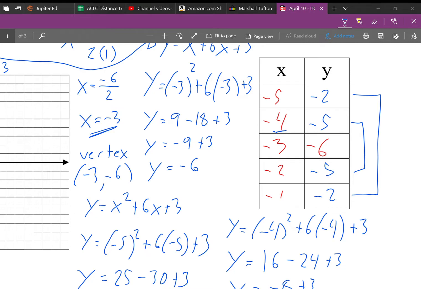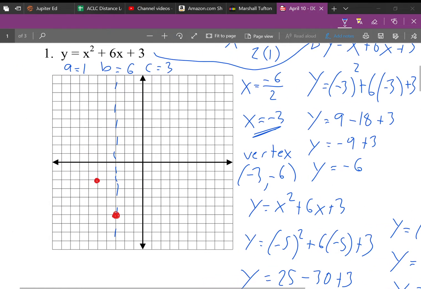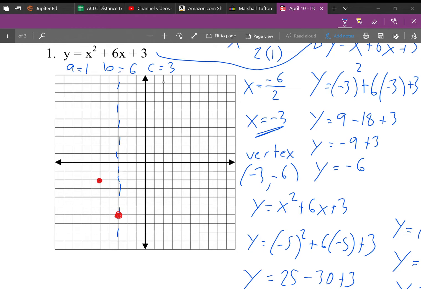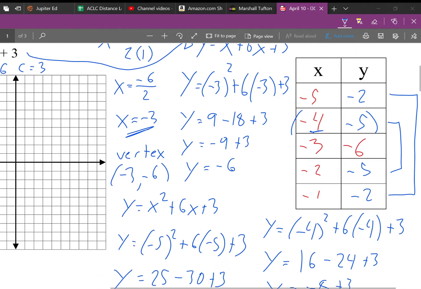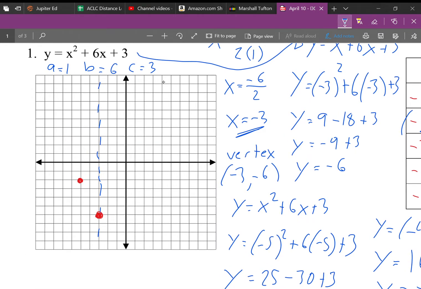And let me show you what that looks like on the graph. So I have the point negative 4, negative 5. When I graph that over here, negative 1, 2, 3, 4, negative 1, 2, 3, 4, 5.